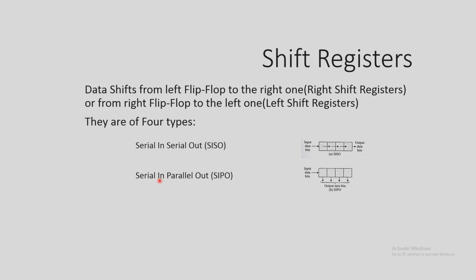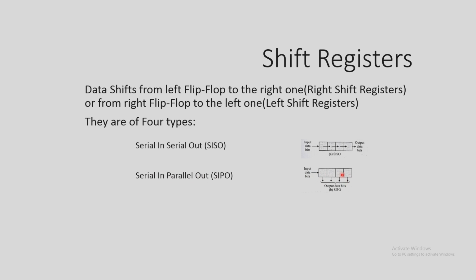Secondly, we can have serial in, parallel out. So in such registers, input will take place serially and output will take place in parallel. So there is one port for input and data will be shifted, and when we are to take the output, it will be taken from the individual flip-flops simultaneously.